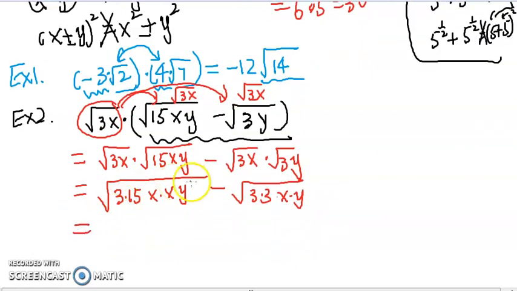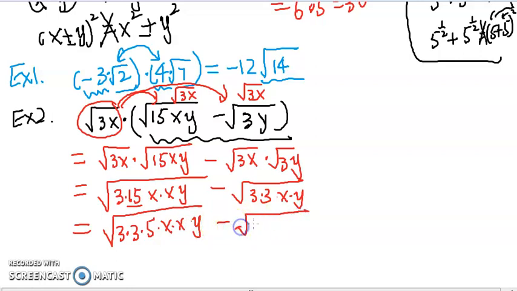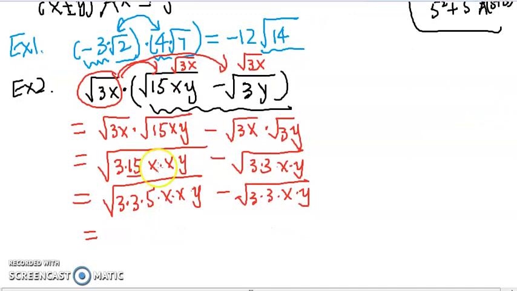Because we're doing square root, we need to find 2 copies of anything. So 15 can be factored as 3 times 5. I'm going to keep the other variables and just copy this and simplify these two together in the next step. And some of the steps can be omitted if you can see the answer.